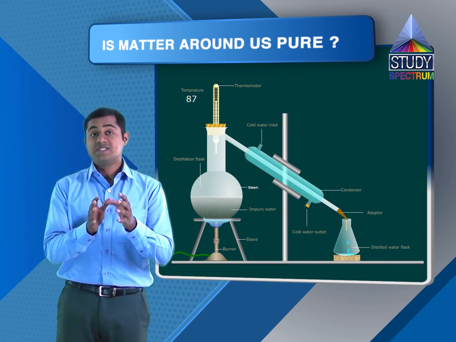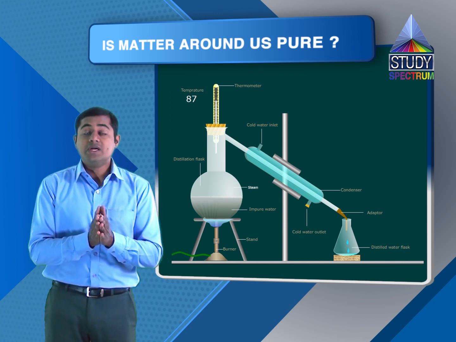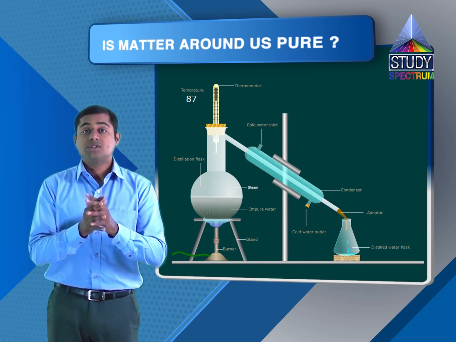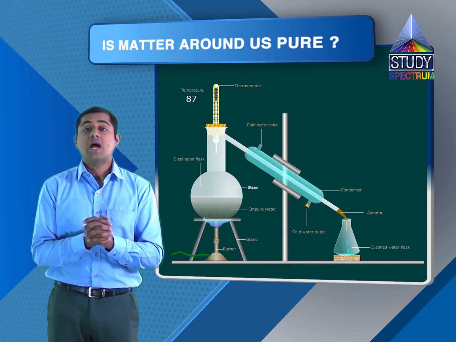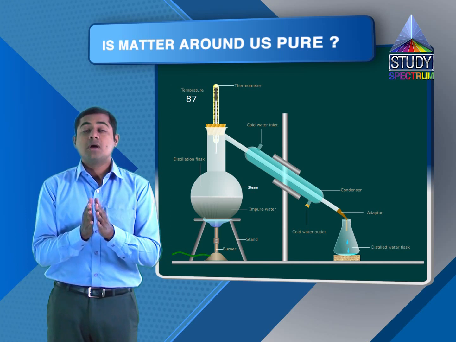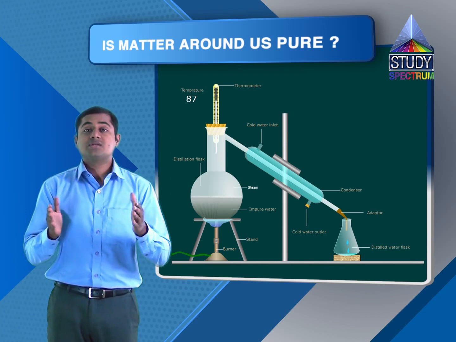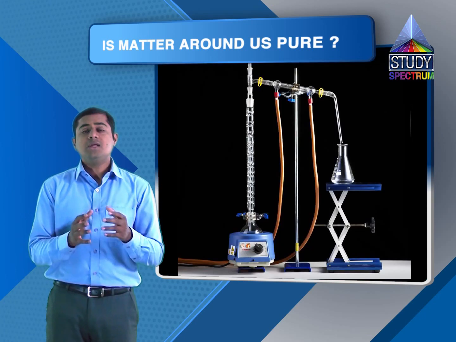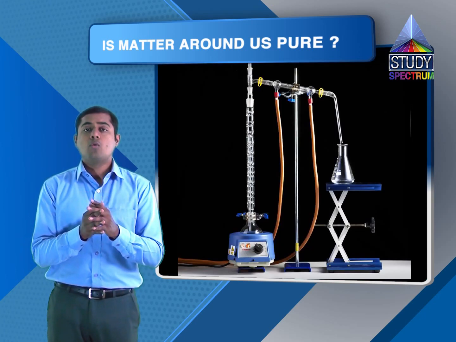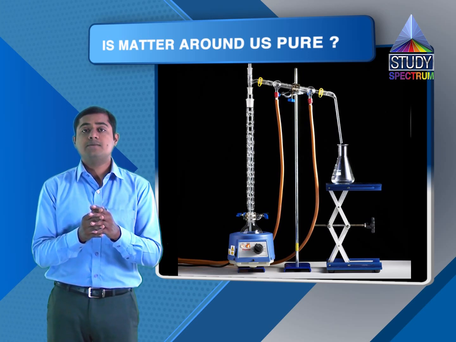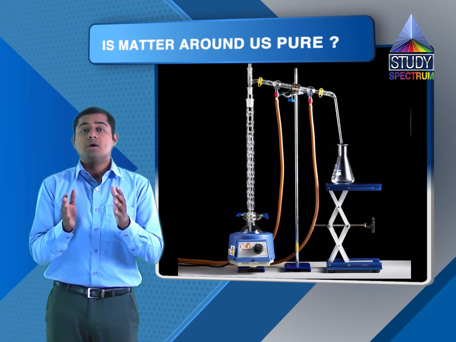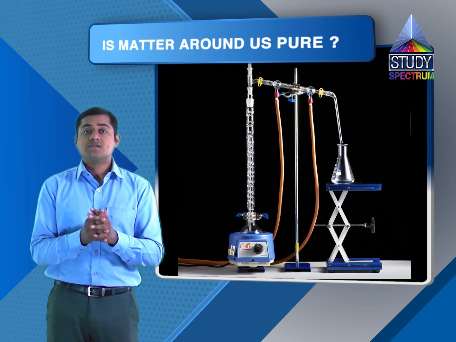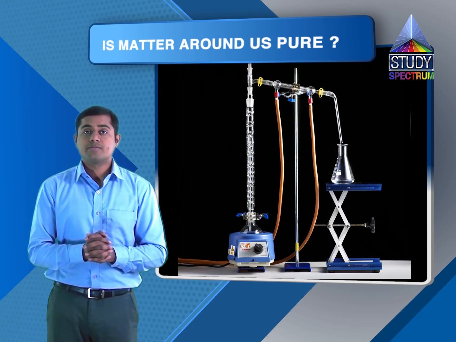Now, for distillation, we need a mixture of two liquids which have their boiling points at least more than 25 K apart. Then what about the substances which have their boiling points closer than 25 K?